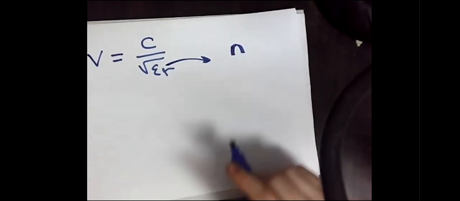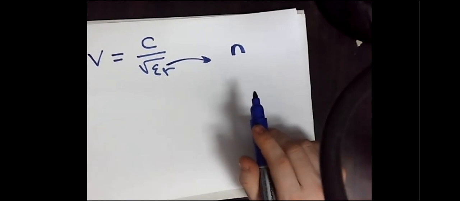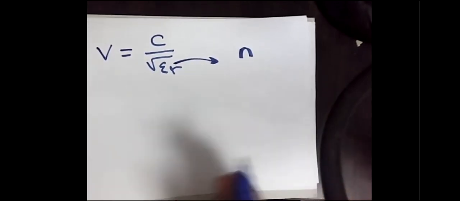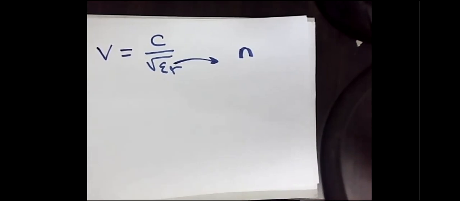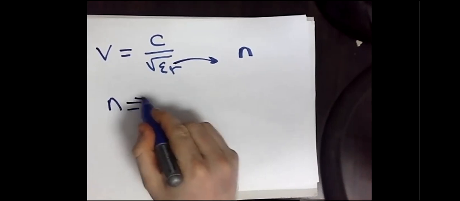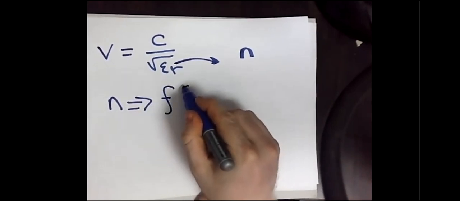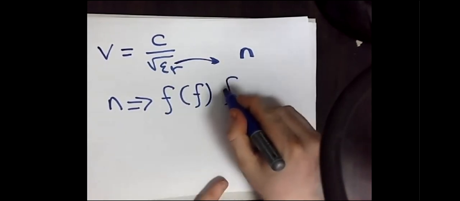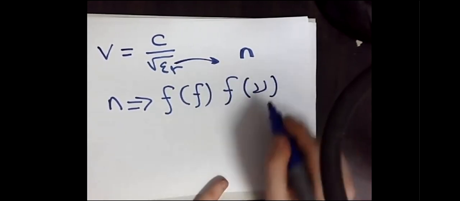But from first principles, this is not a reason for different velocities for different frequencies. But what if this n is a function of frequency, or in optics we usually call it mu, not f?